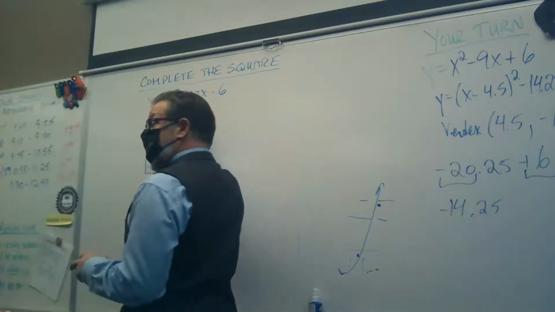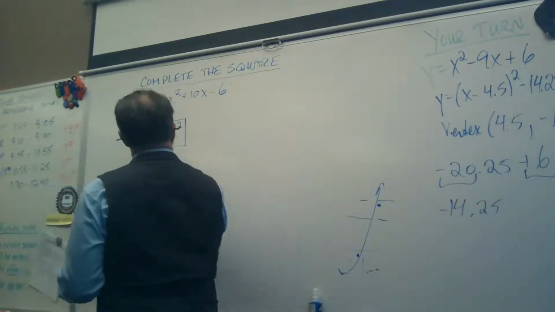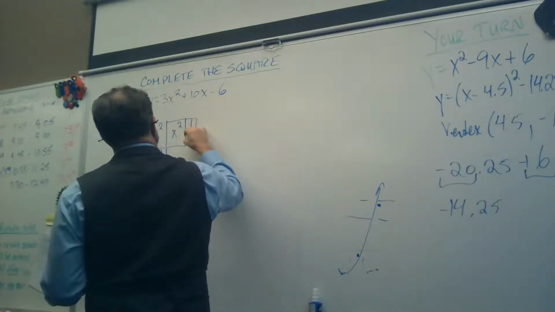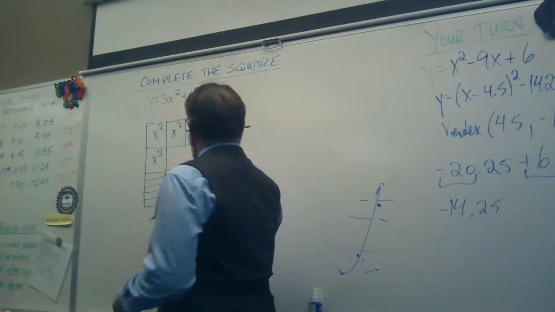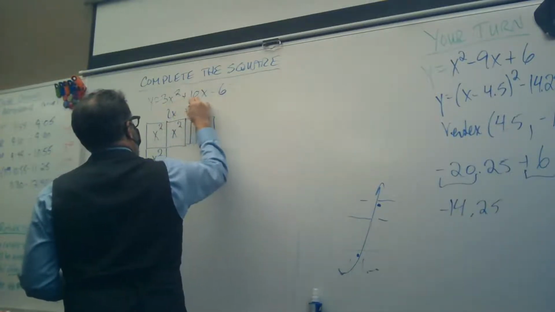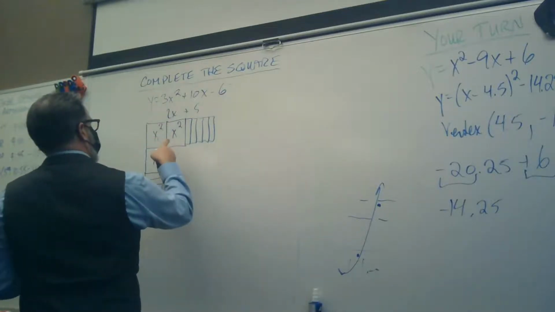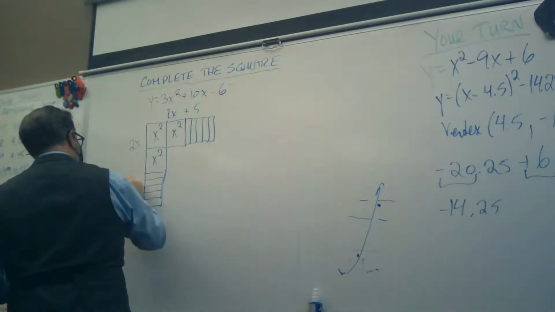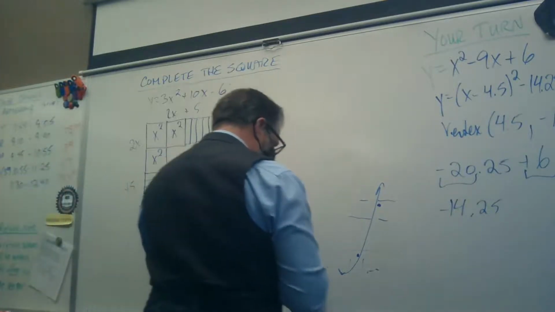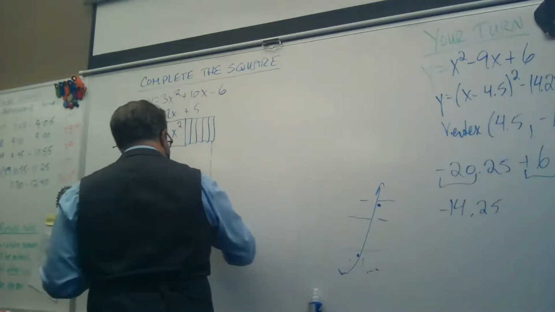And then I've got 10 x's, so I'm going to put 1, 2, 3, 4, 5 x's down here, and 1, 2, 3, 4, 5 x's over here. And I've got 2x plus 5 there, and I've got 2x plus 5 here. And I need to fill this in in order to make this work.